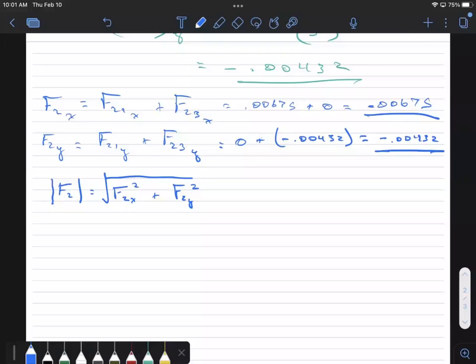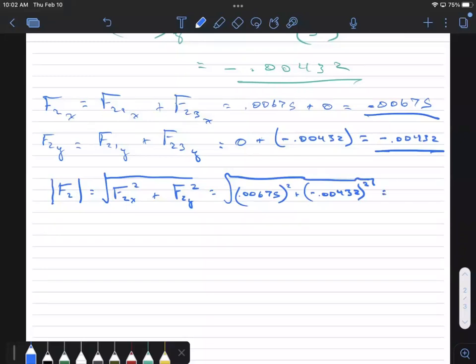Take the sum of the squares, and that'll give me the square of the magnitude, the hypotenuse. So I take the square root of both sides, that's why the square root is there, and I'll get my answer. Very nice. So square root of 0.00675 squared plus negative 0.00432 squared.